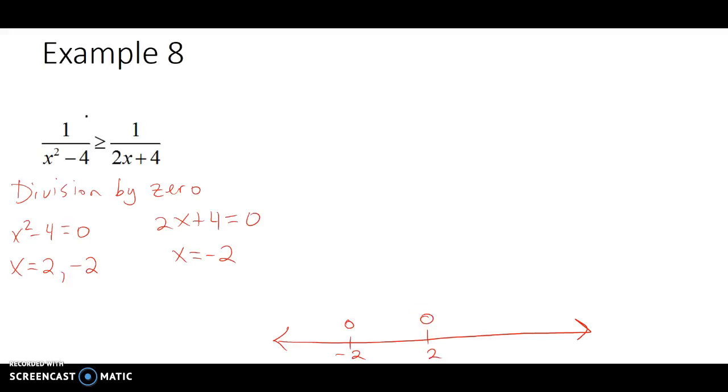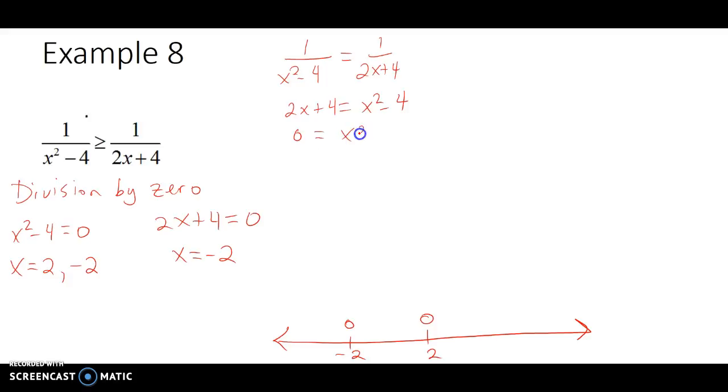Now I need to figure out where these two ratios would be equal to each other. So cross multiply. Get 0 on one side.